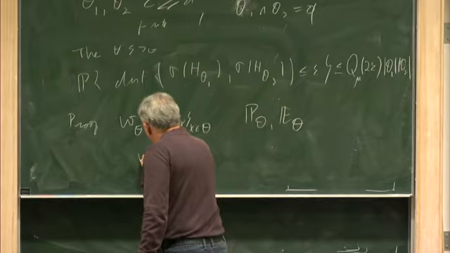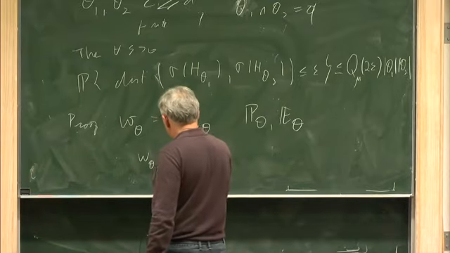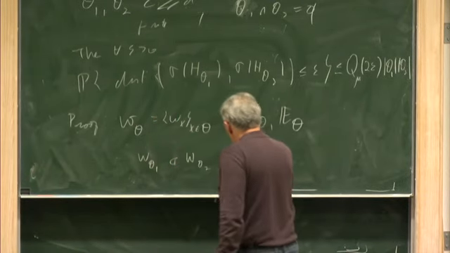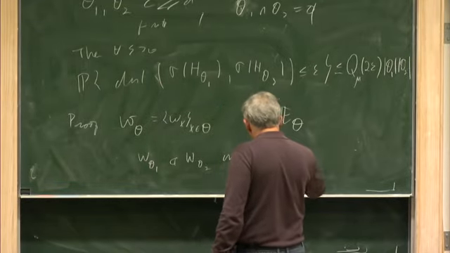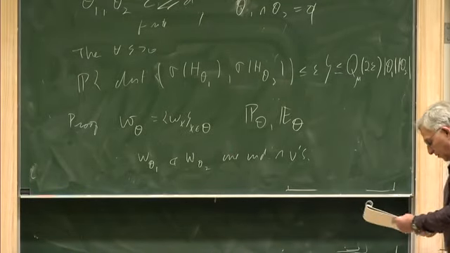Now, the point is that if theta 1 and theta 2 are disjoint, these are independent random variables, right? Independent collections of random variables.